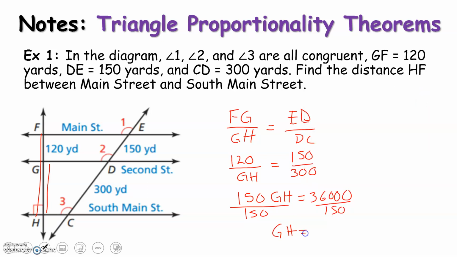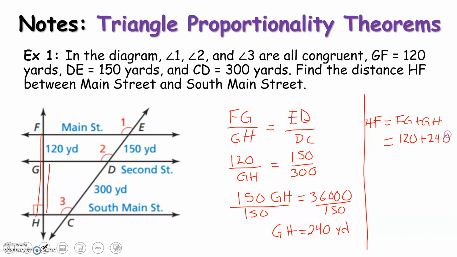We can see then that GH is 240 yards, and in order to get the full distance, FH, or HF, we will add FG and GH. That is, FG, once again, or GF, is 120, plus GH, which is 240, and we see that HF is 360 yards.